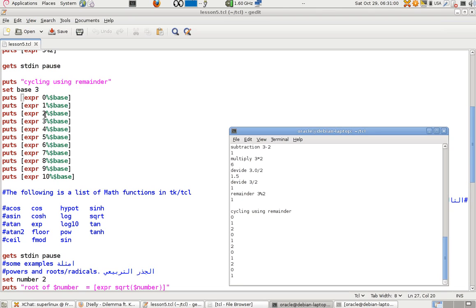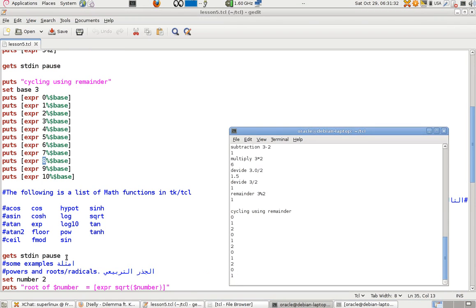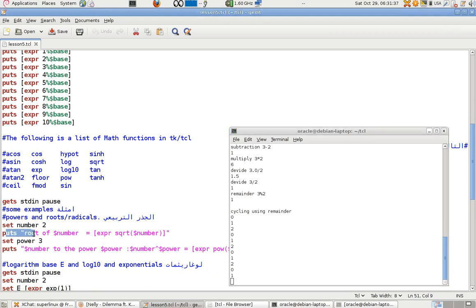Now 2 will give you a remainder of 2, and there's a division result of 0. So, for example, if you go to 8, 8 over 3 is 2, and you get a remainder of 1. So this is how it works.